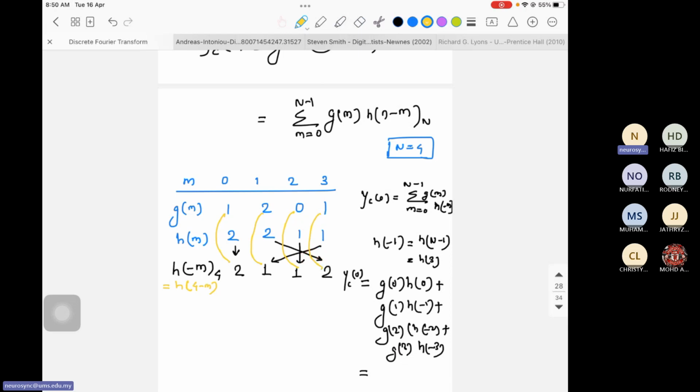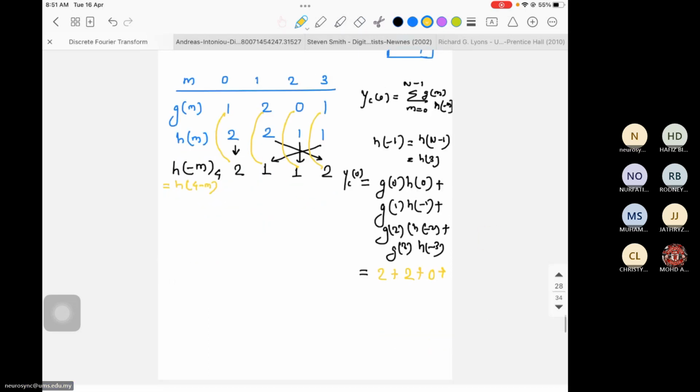This is 2, plus 2 into 1 is 2, plus 0 into 1 is 0, plus this is 2. So the value you will get is 6 here. Like this we can calculate yc of 0.